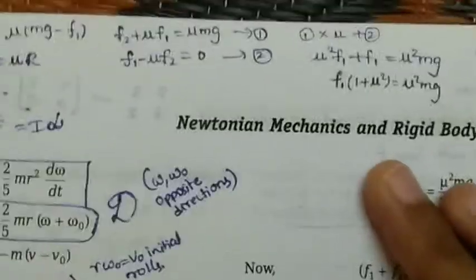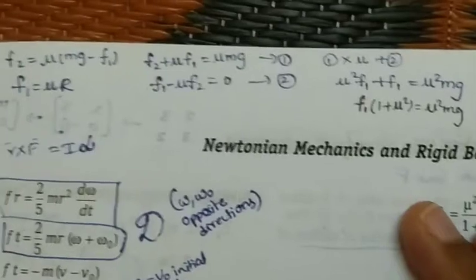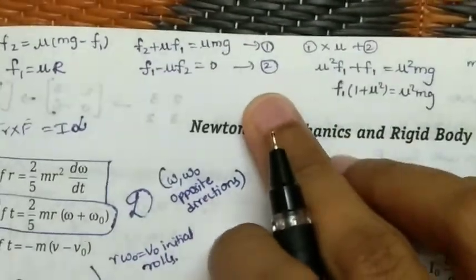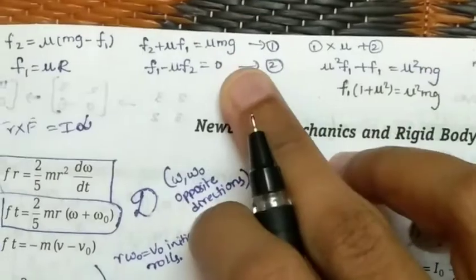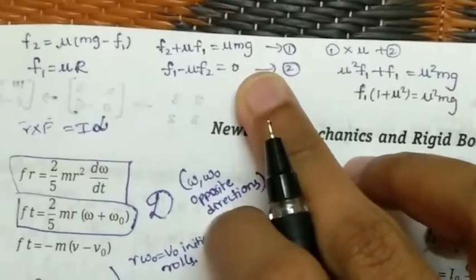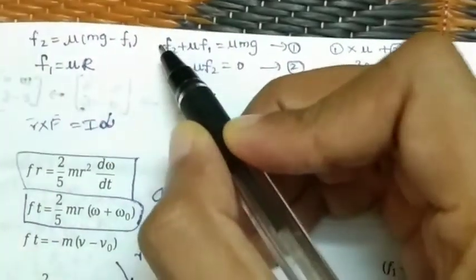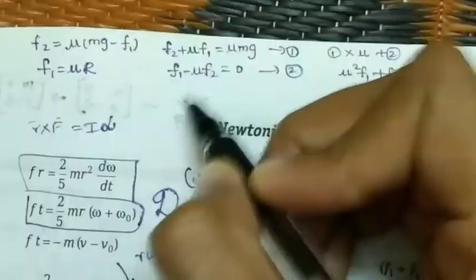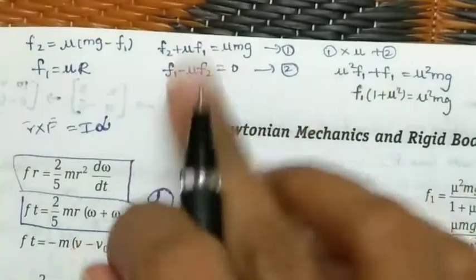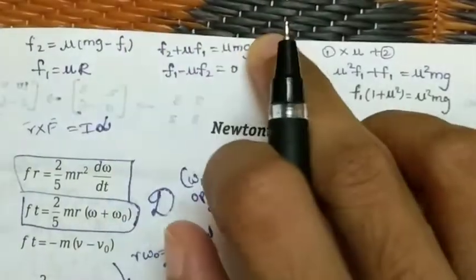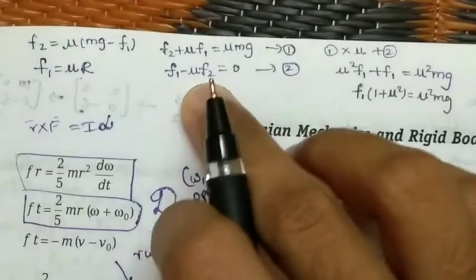Now we have eliminated the N and R terms by using those four equations. Now we need to find F1, so we need to solve these equations. Here minus mu F2 is there, so if we bring plus mu F2, then we can eliminate F2 and find F1. Hence the first equation is multiplied with mu and added to the second equation.